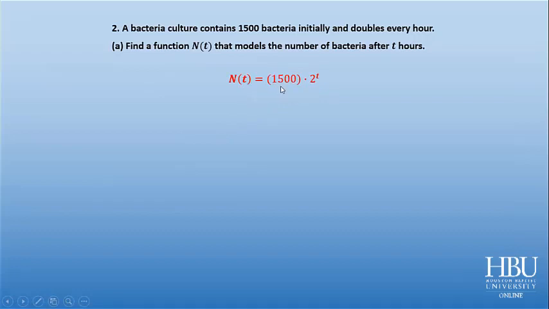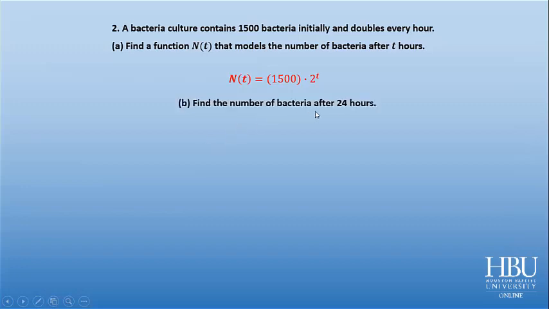Well, n of t would be my initial number, 1,500, times 2 raised to an exponent of t, where t is in hours. So if t is 0, 2 to the 0 power is 1. 1 times 1,500 is 1,500. That's my initial amount. After 1 hour, it's going to double. So 2 to the first power is 2. 2 times 1,500 would be 3,000, and so forth.